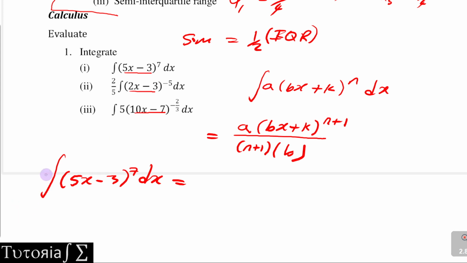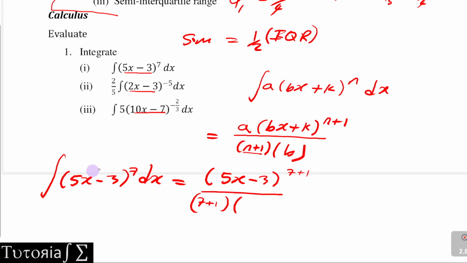There is no number here, so we don't write anything. Then we open brackets and write the expression inside, which is 5x minus 3, then to the power n plus 1, so in this case it will be 7 plus 1, divided by 7 plus 1, close brackets, open brackets.